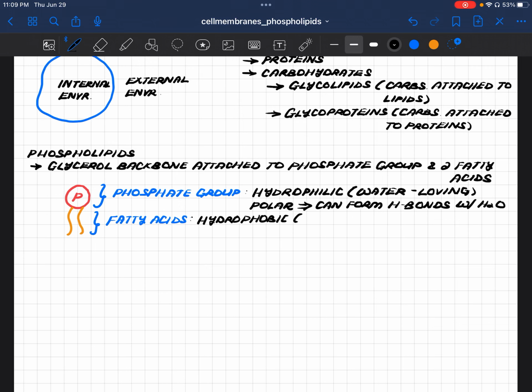So this means water fearing. And the reason they're hydrophobic is that they're nonpolar, so they cannot form hydrogen bonds with water.